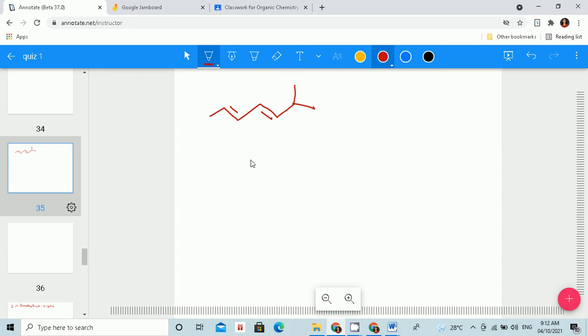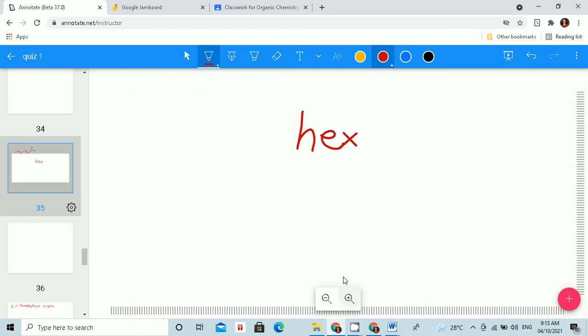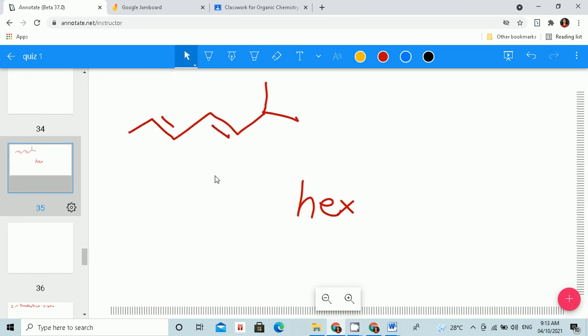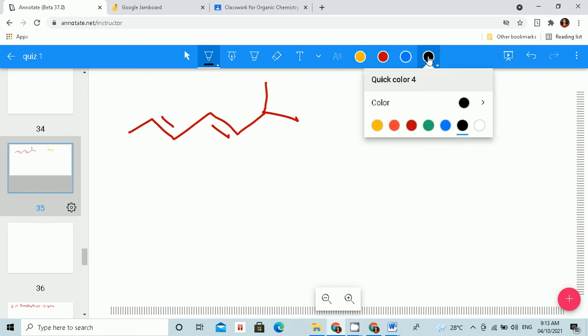So this will be our hex. Okay, this one is a hex.